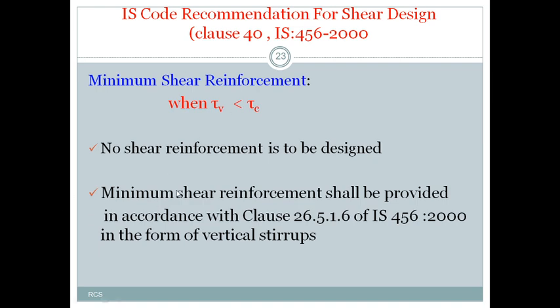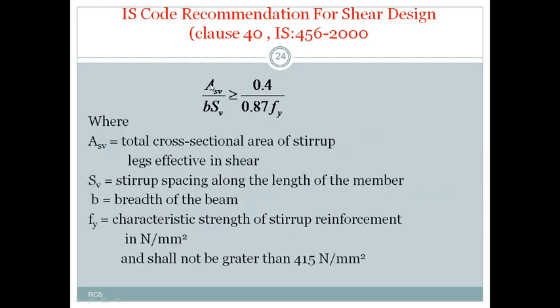We have to provide minimum shear reinforcement in accordance with Clause 26.5.1.6 of IS 456 2000 in the form of vertical stirrups. There is a formula for calculating that: Asv by b into Sv must be greater than or equal to 0.4 by 0.87 Fy.